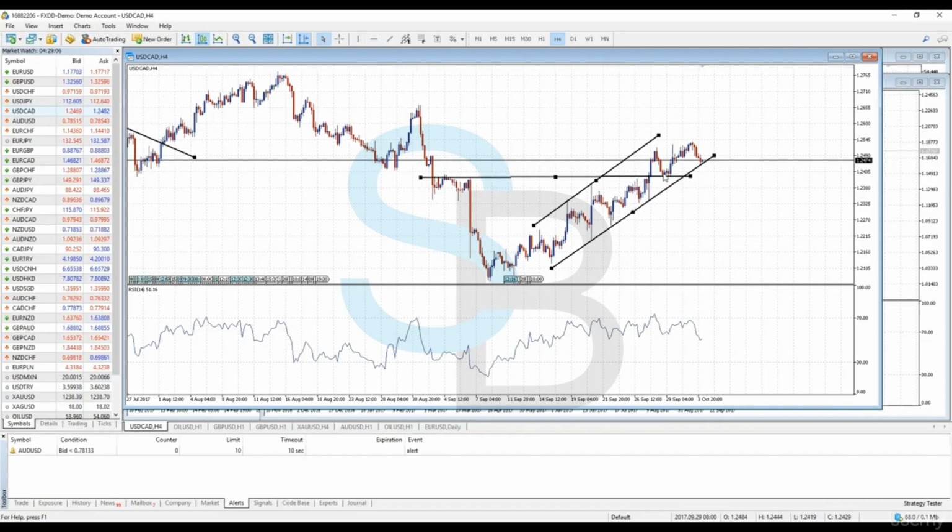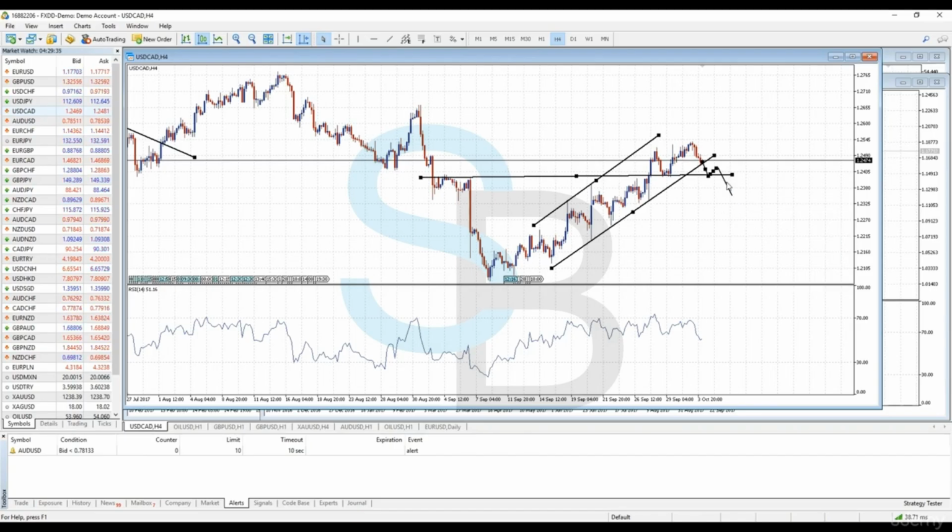This is on a 4-hour, so whatever happened here for it to consolidate, I would expect some sort of retest of this level before breaking lower. So we might see something like this, and then a bounce, and then we might get continuation to the downside like that.